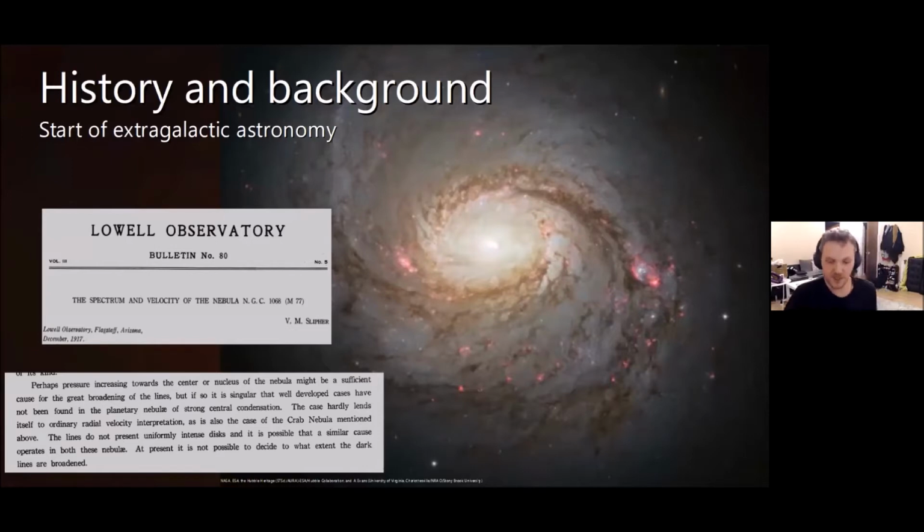They were looking at emission lines, and these emission lines were consistent with globular clusters, but they seem to be very much broader than what you would expect. When something is very broad, it means that whatever gas you're looking at tends to rotate with very high velocity. So this seems to be a bit inconsistent with just being a globular star cluster. These spiral nebulae seem to be rotating a bit faster than what was expected.